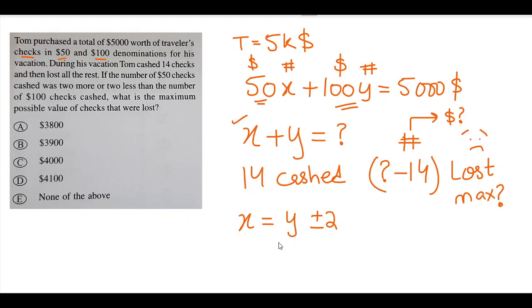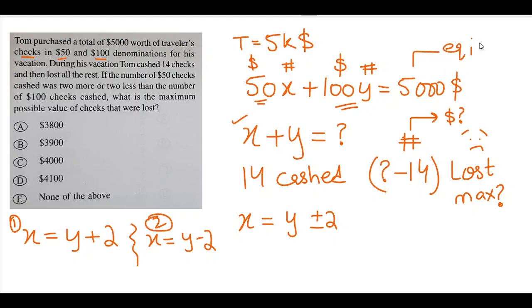So I have basically two relationships. My relationship one is X equals Y plus 2, and my second relationship is X equals Y minus 2. I can use these two relationships in our equation number 1 and see which case gives me the maximum lost checks.